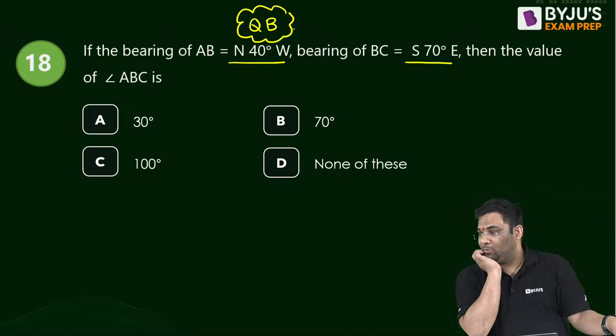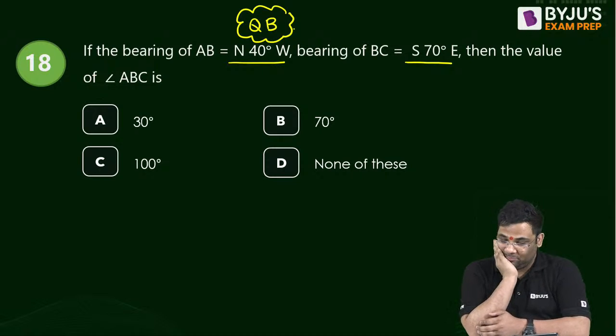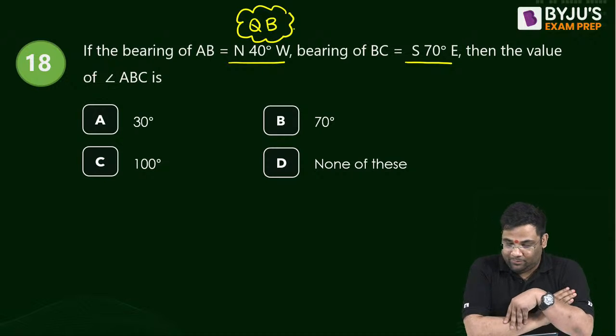Very good. James Bond, Naveen is very fast. That's great. Others, please become a little fast. Praveen at the B.